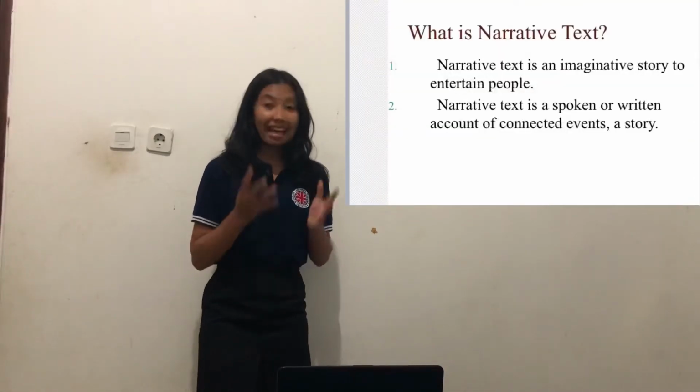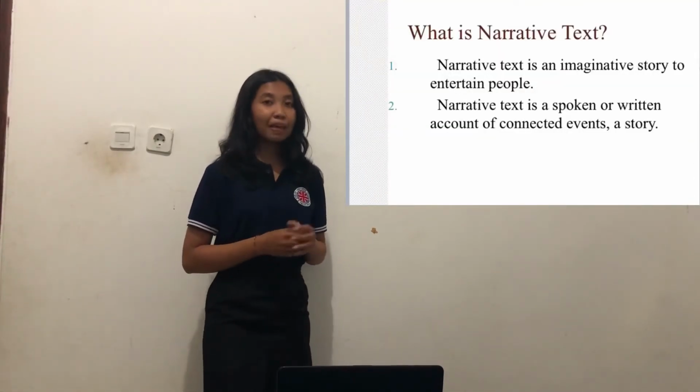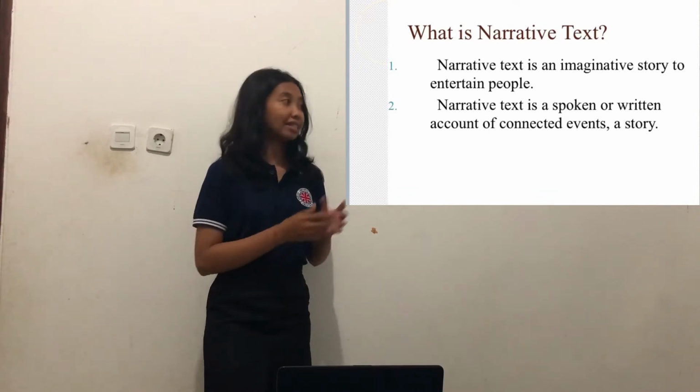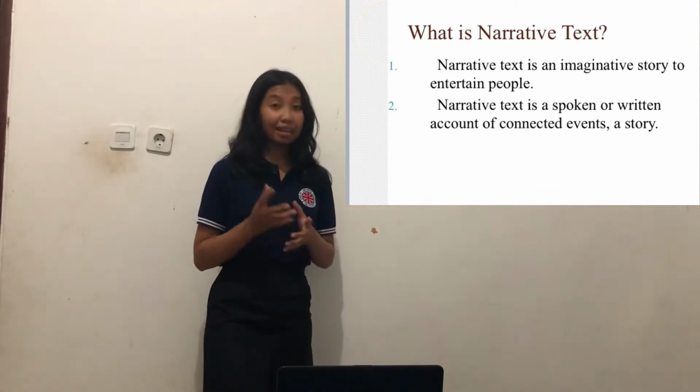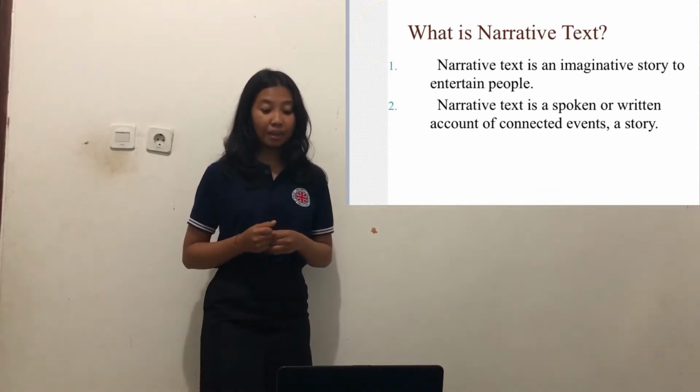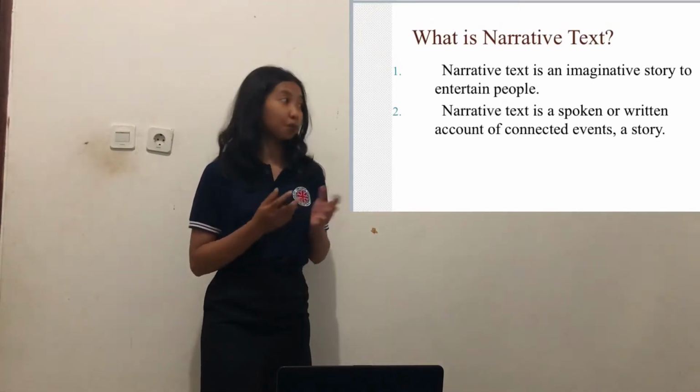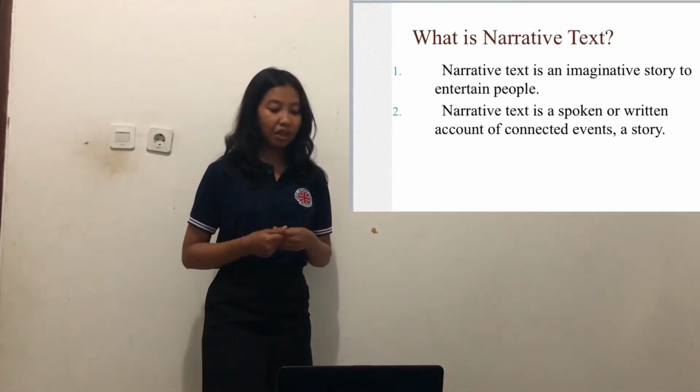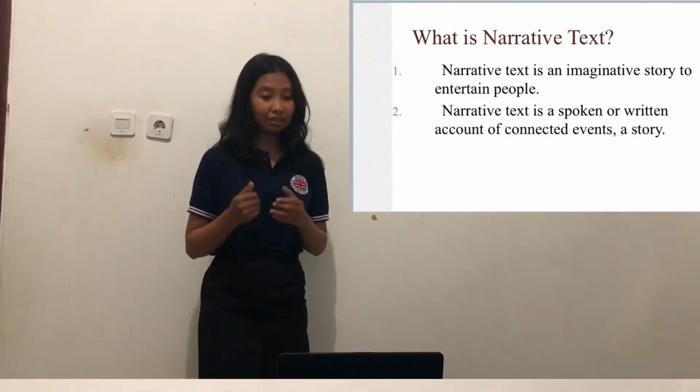What is narrative text? Narrative text is an imaginative story to entertain people. Narrative text is also meant as spoken or written accounts of connected events or a story. Narrative text contains four generic structures.